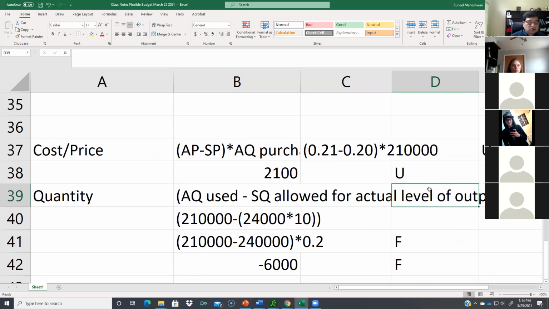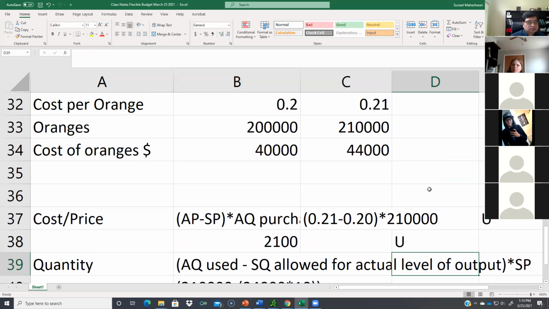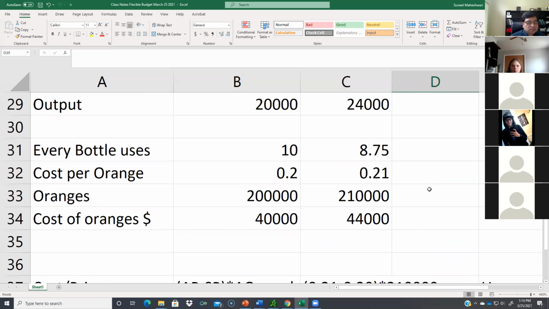There's something wrong somewhere. I think it's a rounding error somewhere here.